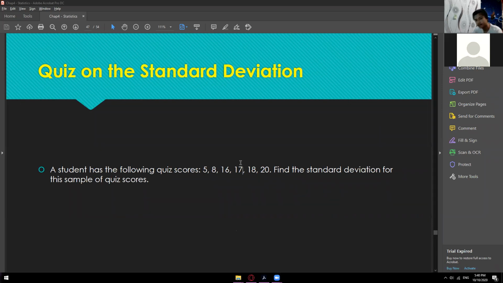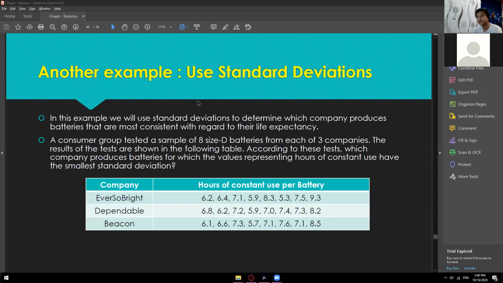So we have another example for the standard deviation. In this example, we will use the standard deviations to determine which company produces batteries that are most consistent with regard to their life expectancy. A consumer group tested a sample of 8 size D batteries from each of 3 companies.